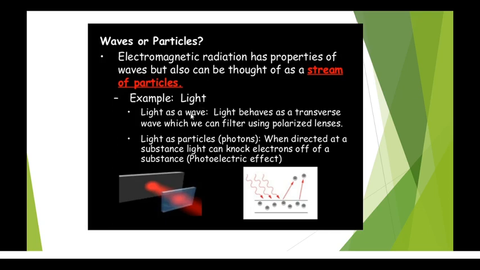Light can be considered as a wave, and we considered light as a transverse wave which we can filter using polarized lenses. And light can also be considered as particles called photons because when directed at a metal surface, light can knock electrons from that substance. In the photoelectric effect we consider light as photons, so that on bombarding the photons on the metal surface, the photons transfer their energy to the electrons.